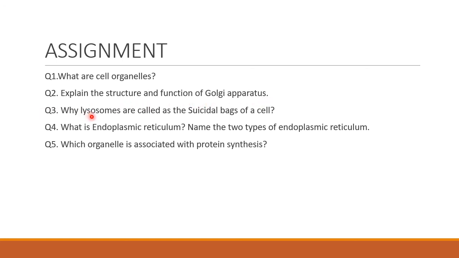Third one, why are lysosomes the tidy bags of a cell? Fourth one, what is endoplasmic reticulum? Name the two types of endoplasmic reticulum. And the fifth one is which organelle is associated with protein synthesis. In a few questions, children, you need to rack your brain and write in your own words. So write all the answers in your notebook.